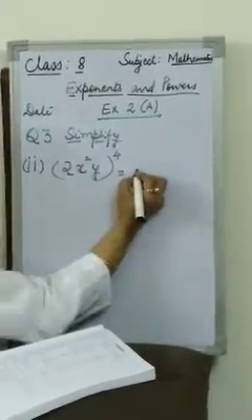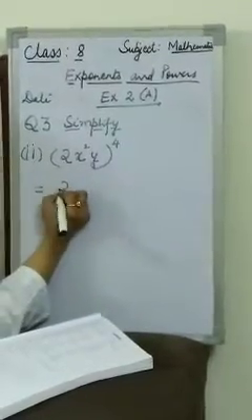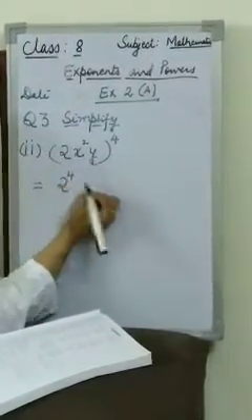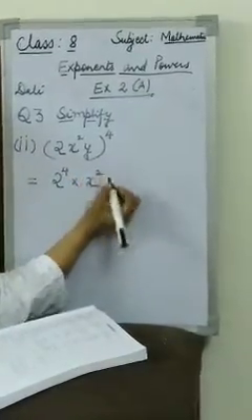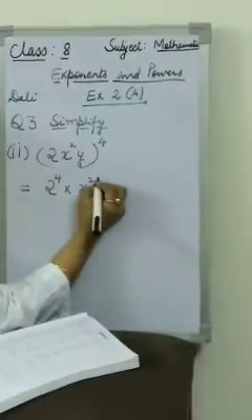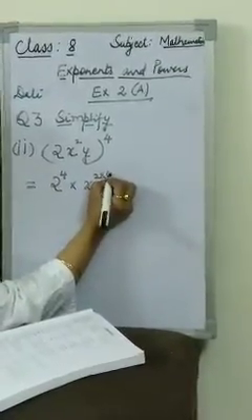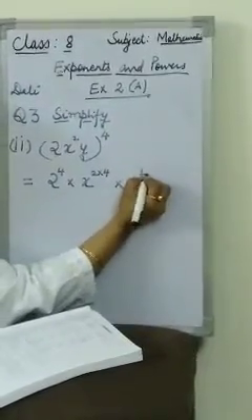So next step, how are we going to write? 2 to the power 4 into x to the power 2 and it has power 4 also. Power on power, power gets multiplied, so it becomes 2 into 4, and y also gets power 4.